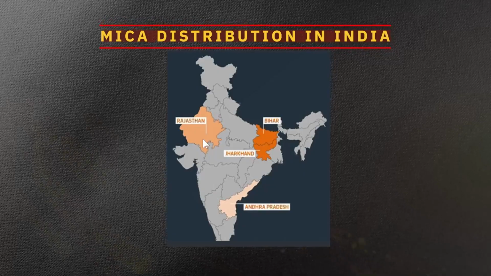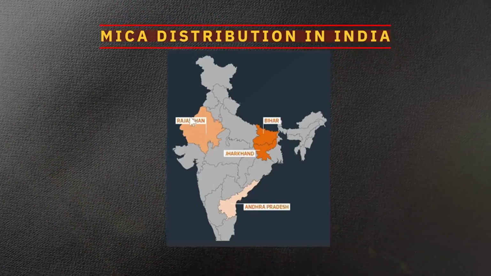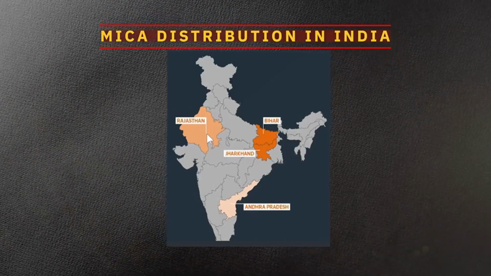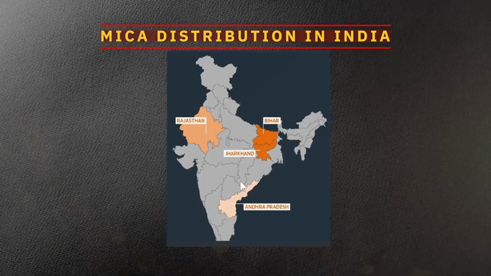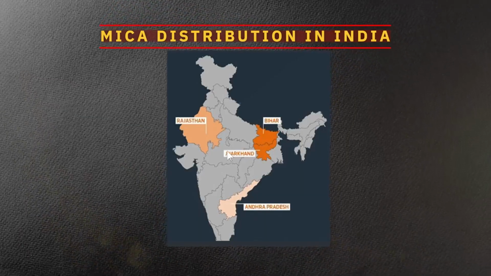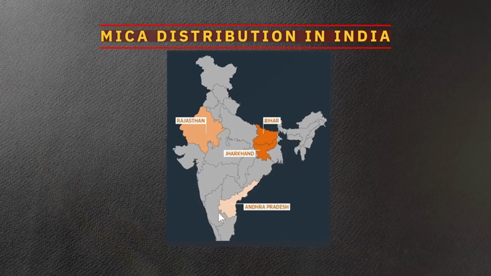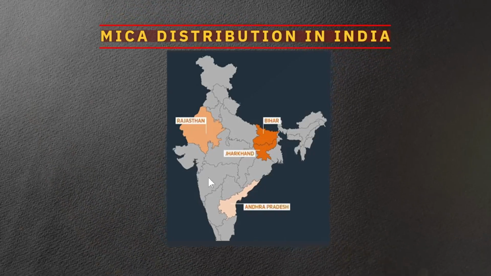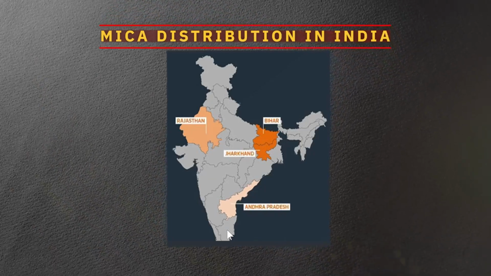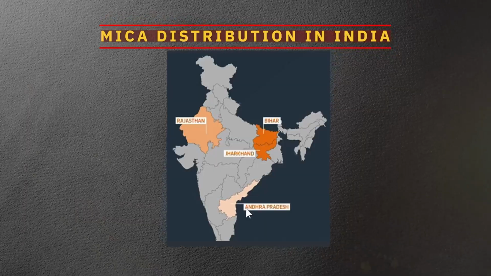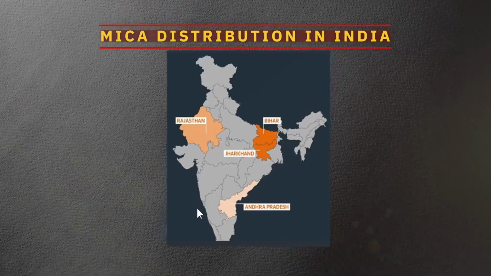After that, a moderate concentration can be seen in this part and this part of India, and a very small concentration can be seen in some other states, like Maharashtra, Karnataka and Tamil Nadu, and these deposits are very small compared to the other parts of India.